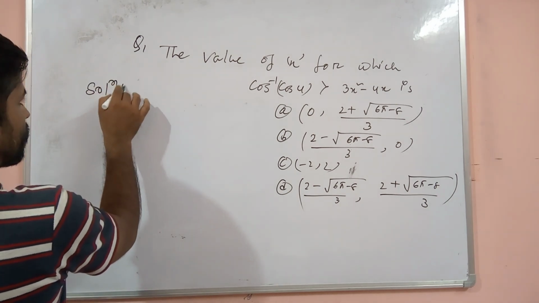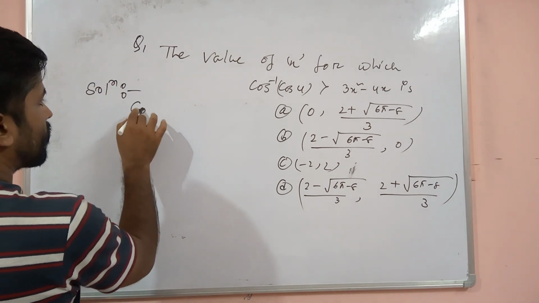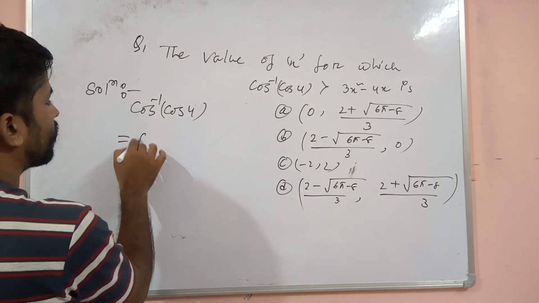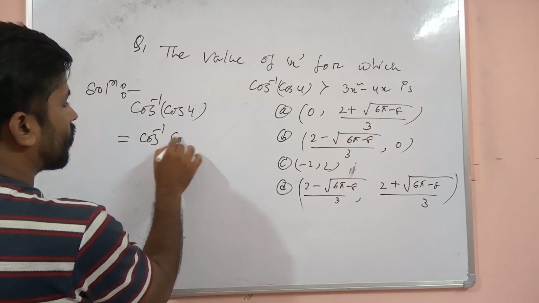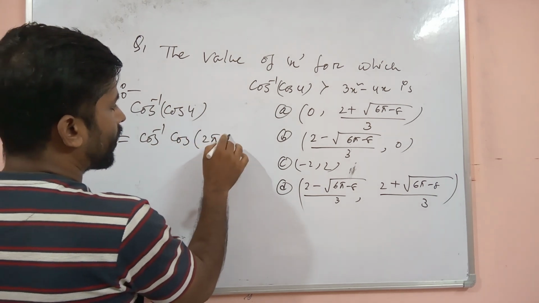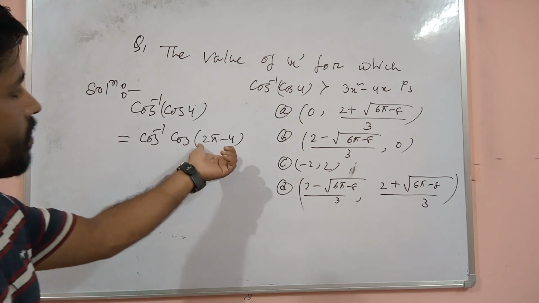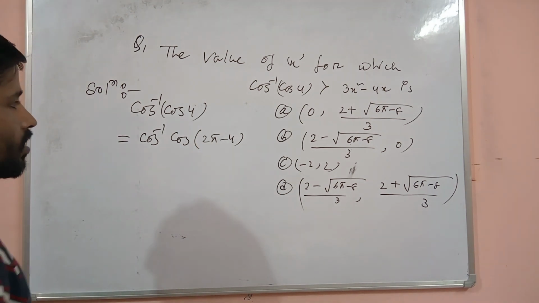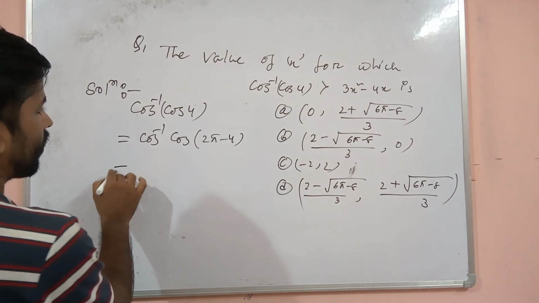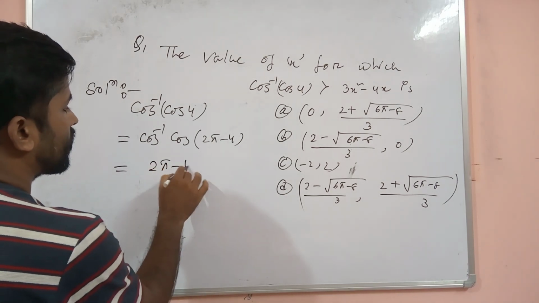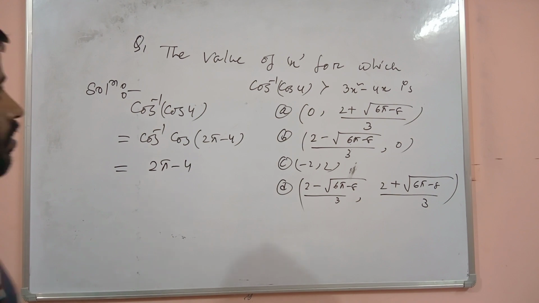So let's see how to solve the problem. As we know, cos inverse cos 4 is equal to cos inverse cos 2 pi minus 4. This can be written like this, okay? It is basics of inverse trigonometric functions, I shall not go through this, okay? So it is 2 pi minus 4.